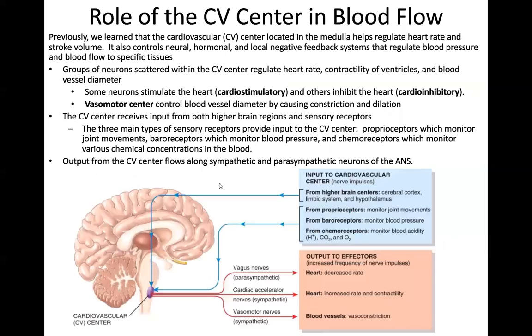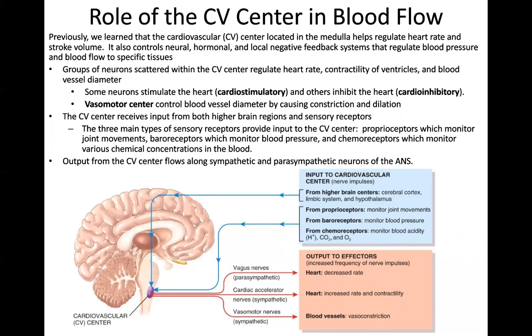All right, now that we've talked about the different hemodynamic factors, I want to talk about how we control our blood flow. We'll start by talking about the cardiovascular center, the CV center, that we previously mentioned in our last lecture. Previously, we learned that the cardiovascular center in our medulla oblongata helps regulate heart rate and stroke volume, and therefore helps regulate cardiac output.